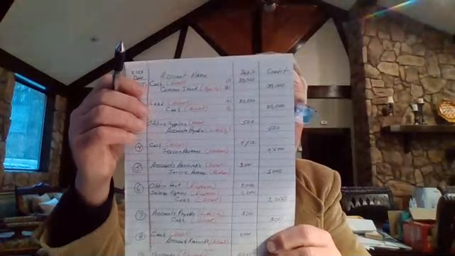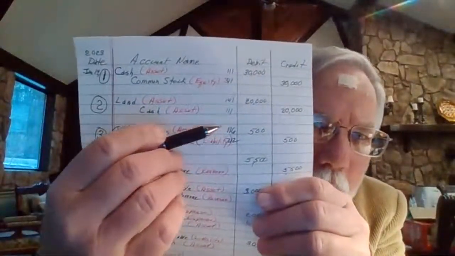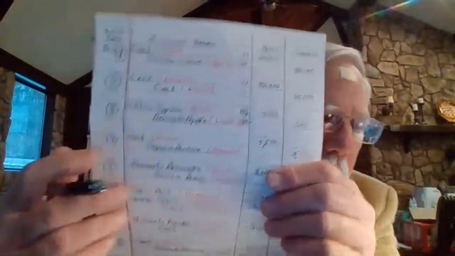If it's a debit in the journal, it's going to be a debit in the ledger. If it's a credit in the journal, it's going to be a credit in the ledger. Now we have to do our posting references to the journal entries for the office supplies, account 116, and accounts payable, account 212.